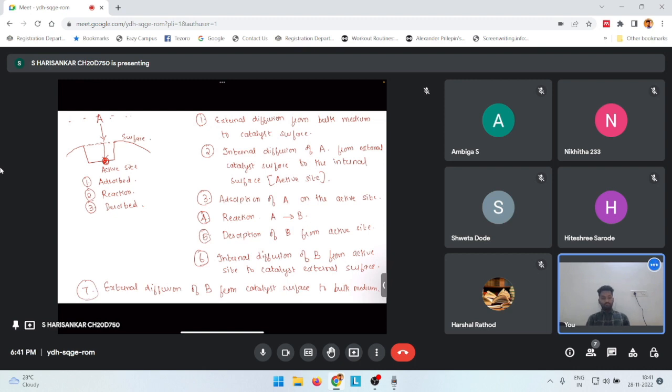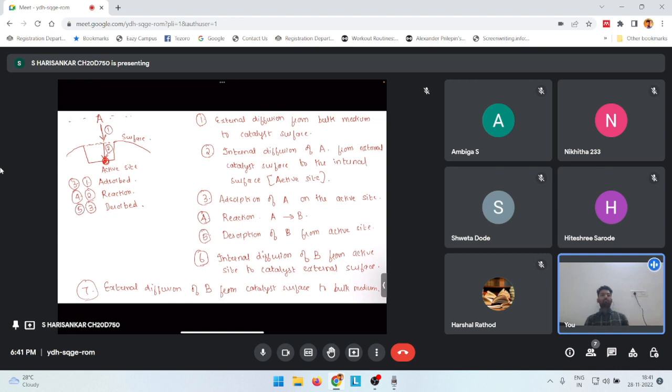So first your reactant has to reach the catalyst surface, which is step one, and then it has to find an active site, that is step two, and it has to get adsorbed. Then the reaction proceeds, and then it has to get desorbed. So these are steps 3, 4, and 5.